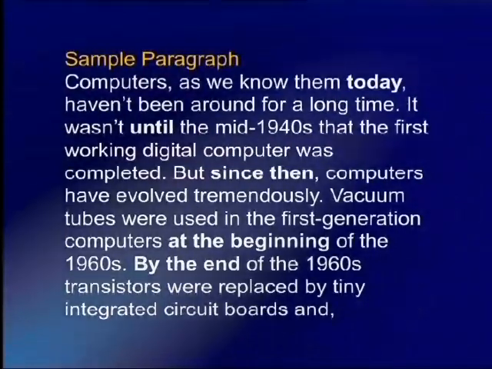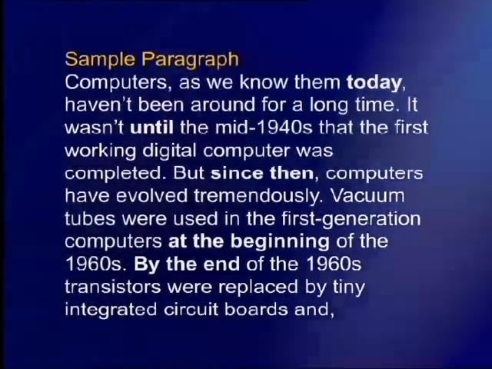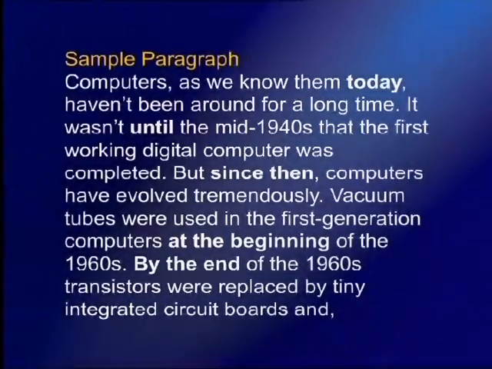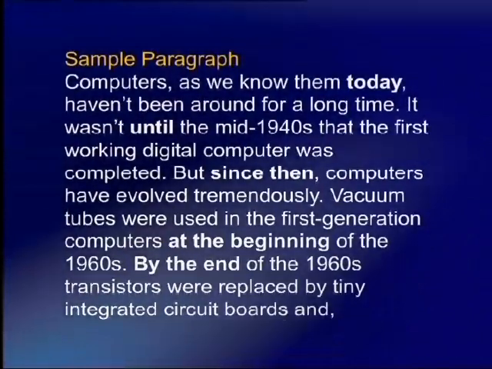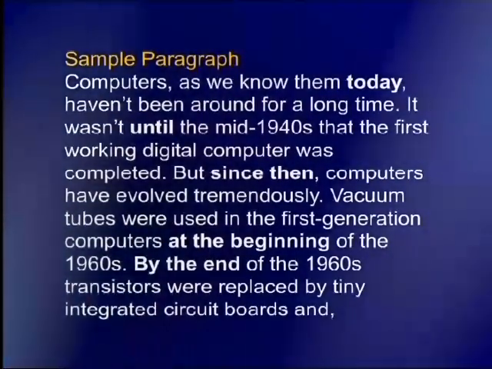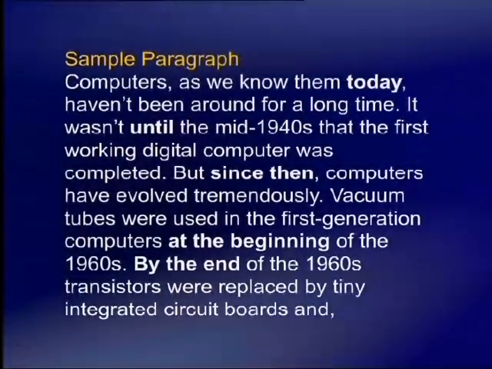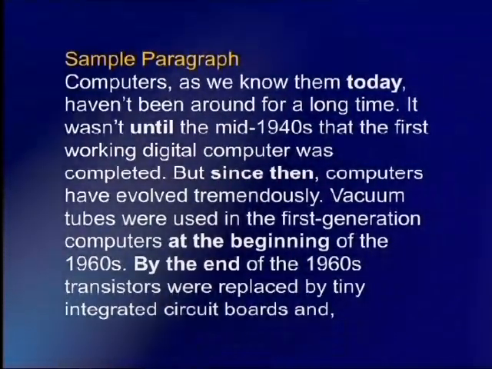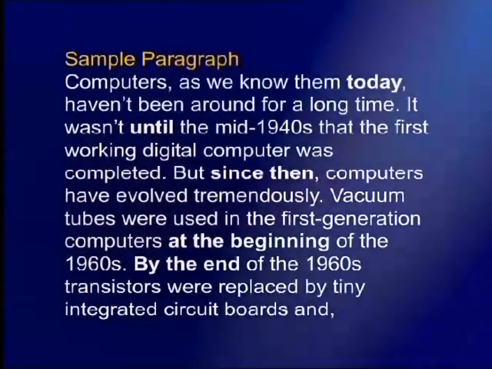Computers as we know them today haven't been around for a long time. It wasn't until the mid-1940s that the first working digital computer was completed. But since then, computers have evolved tremendously. Vacuum tubes were used in the first generation computers at the beginning of the 1960s.